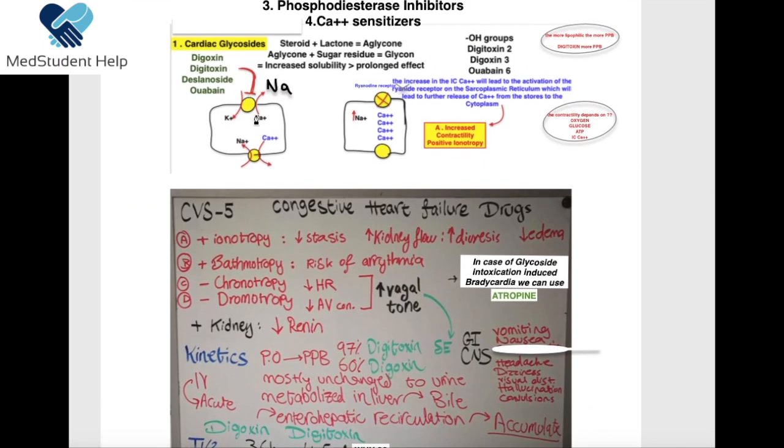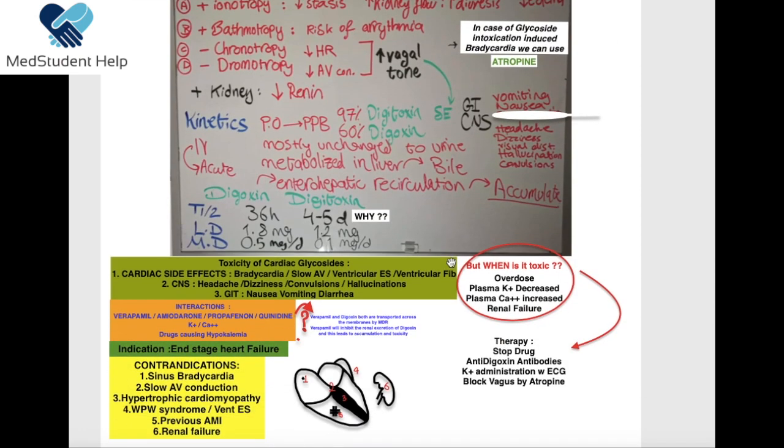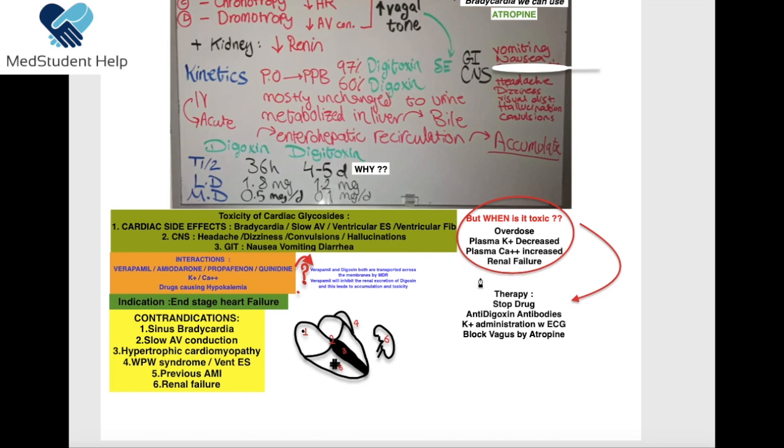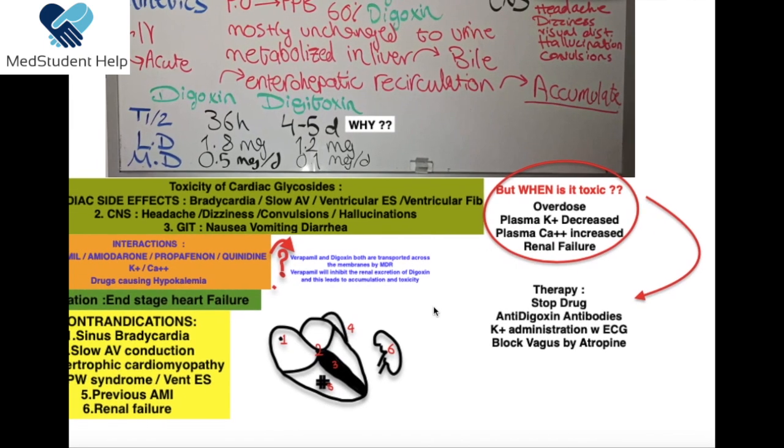Because we said that the drug is gonna be increasing the calcium inside the cell. What if the patient had already a very high calcium in his plasma? Then this effect might be doubled and it is going to carry a risk of toxicity. And the last one is renal failure. So if the patient had a malfunctioning kidney, this means that the elimination of the digoxin is going to be decreased and the digoxin is going to accumulate in the body and is going to end up with toxicity, right?